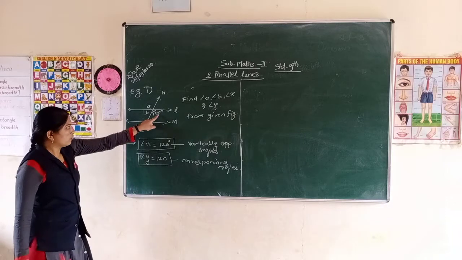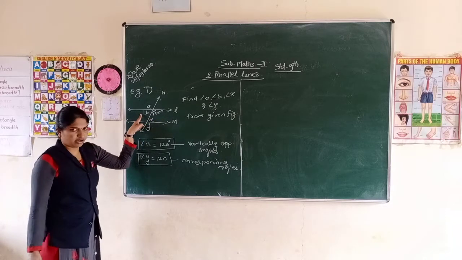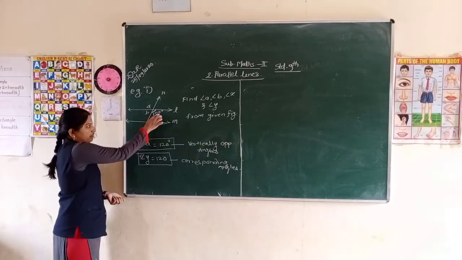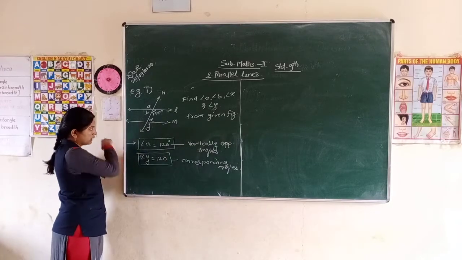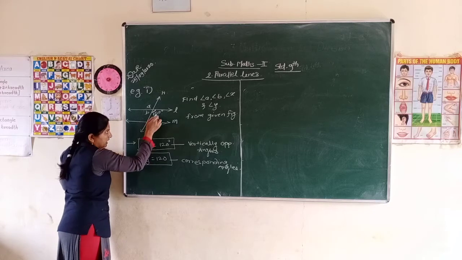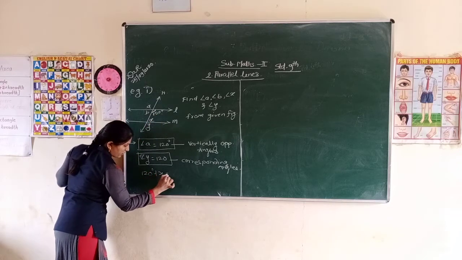Then 120 and B are a linear pair of angles. Or 120 and X are interior angles. You can go with any method. 120 and X are linear pair angles.